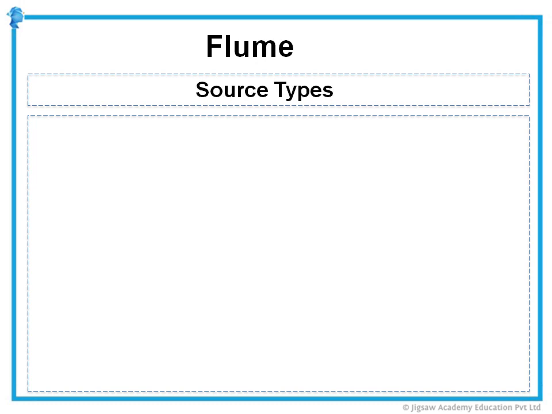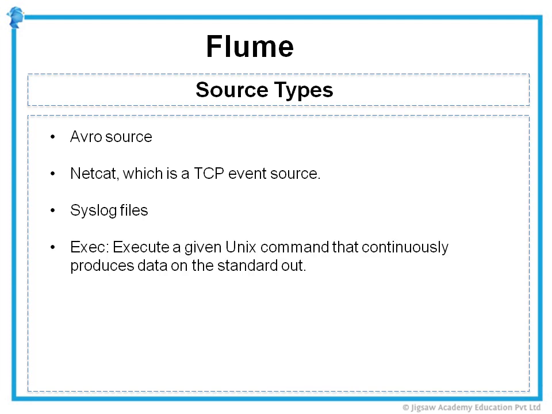The common types of sources are an Avro file, netcat, which is a TCP event source, syslog files, and exec. Basically exec executes a given Unix command that continuously produces data on the standard out. And we can also have custom sources, Twitter for example.